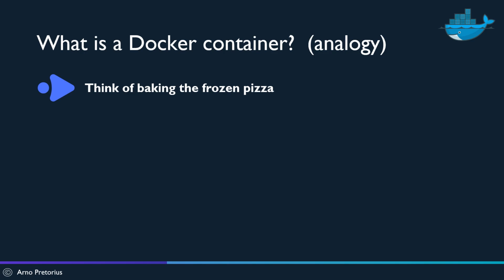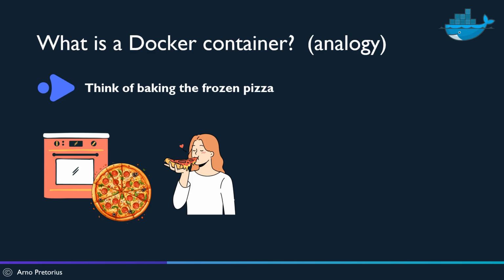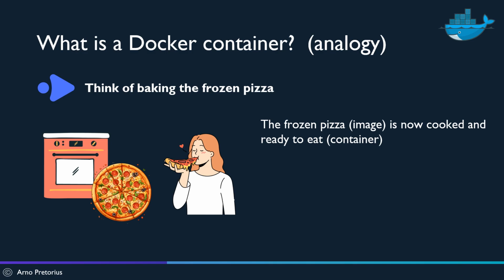Let's look at this analogy now in this follow-up. Think of a Docker container as baking the frozen pizza. You'd be baking that pizza in the oven, and then of course you can eat the pizza. So the frozen pizza is your Docker image, and your pizza, now cooked and ready to eat, is the container.